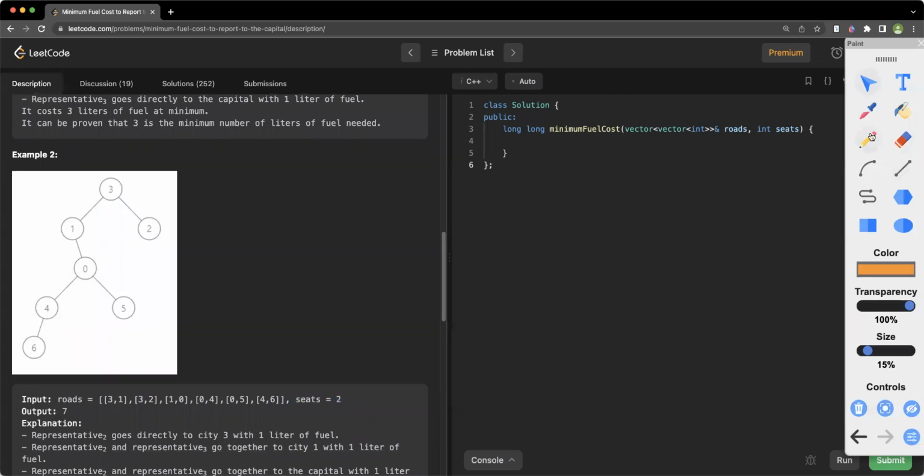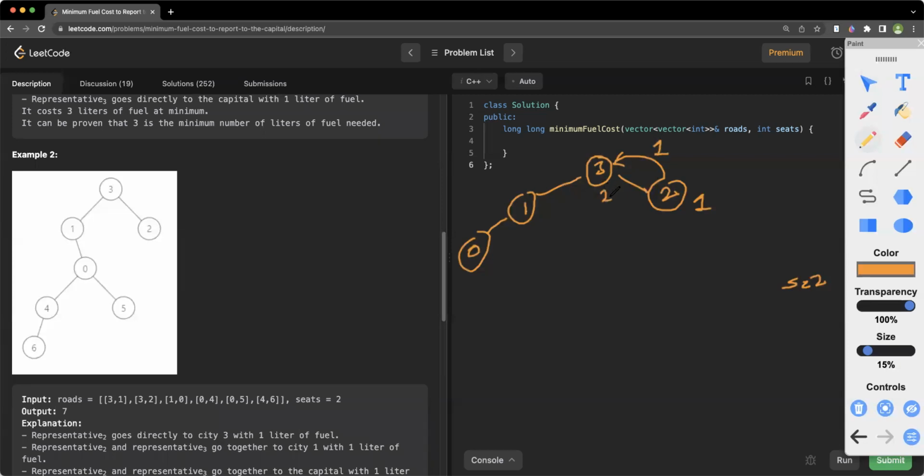Let us take the second example. Here we have 0, 1, 3 and 2, and the number of seats is 2. Let's consider this simplified graph. Here we have one representative and he is coming to 3. Because seats equal 2, he can fit in his own car and come to 3 at the cost of 1.